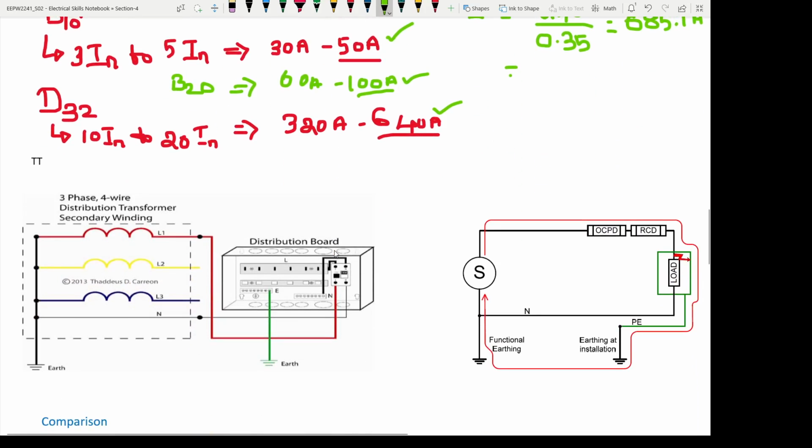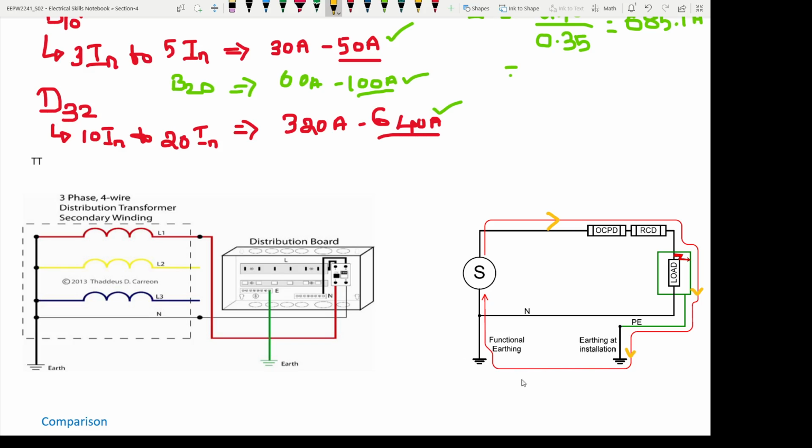So TT. Here for the TT, this is the loop for the fault current. The current is going to start from here in the line, follow here, and then go to the earth here, and you see there is no conductor connecting this earthing on the consumer side to the supplier side.